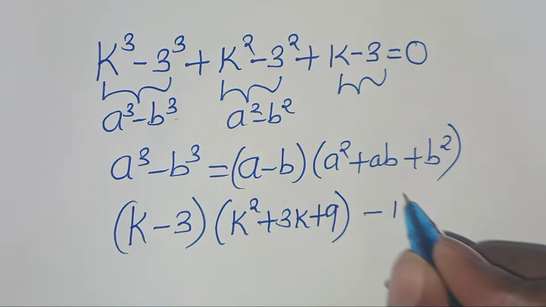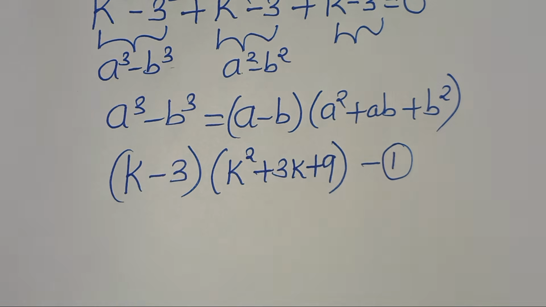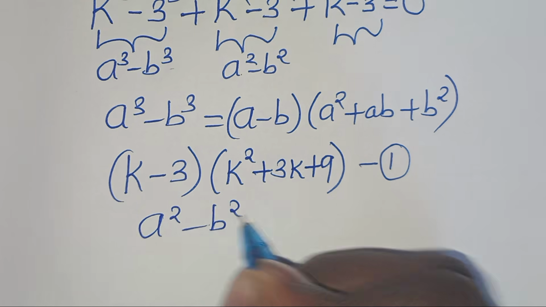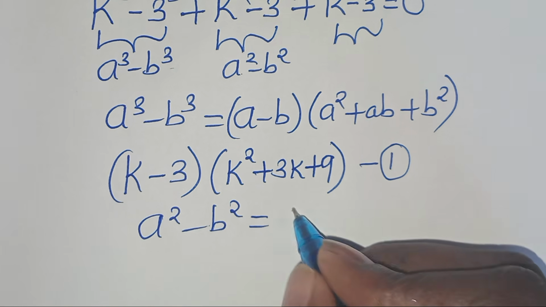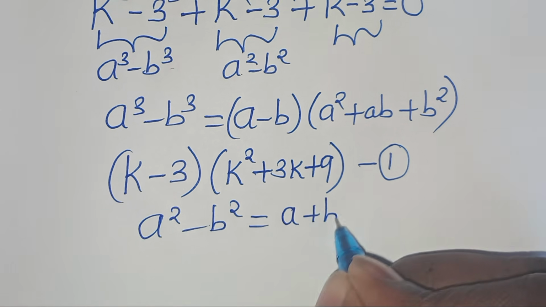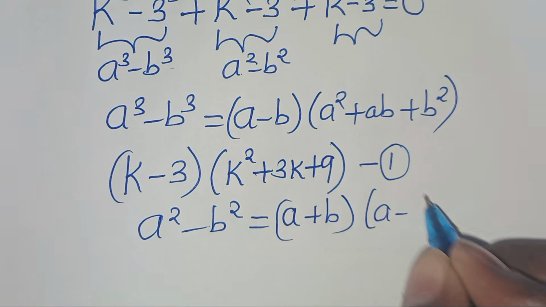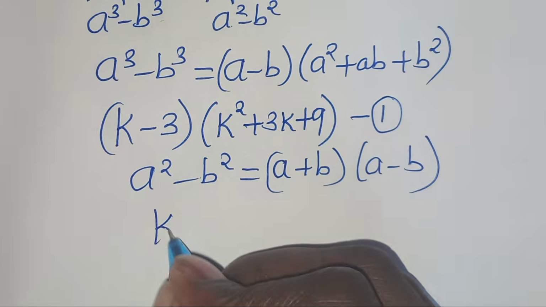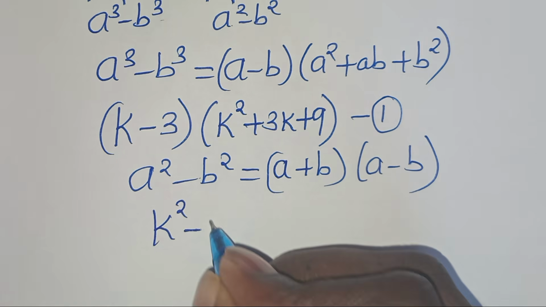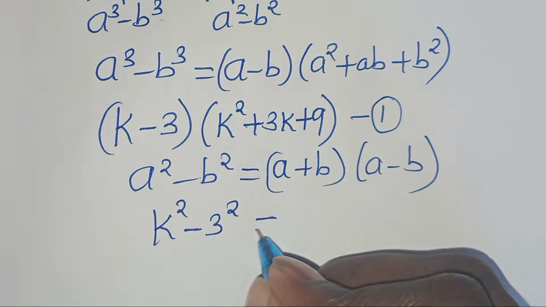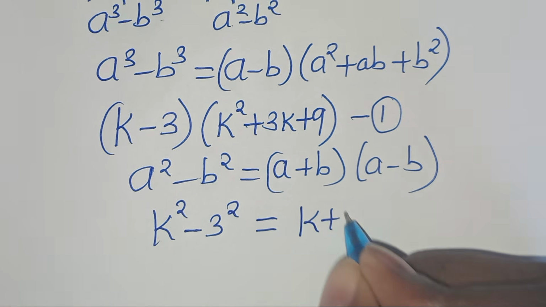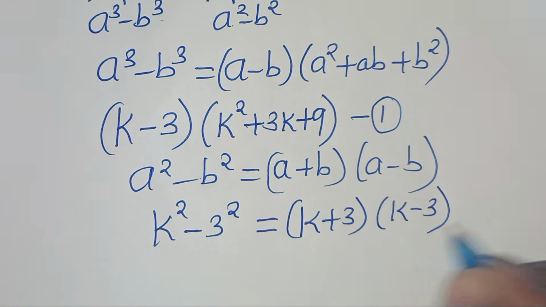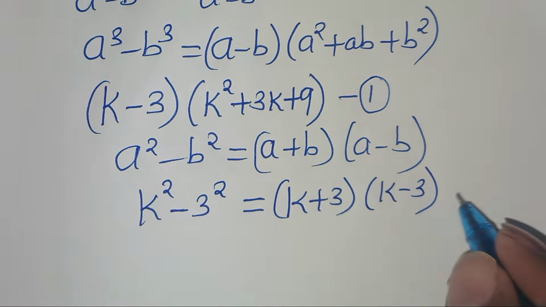Let's call this the first part. Now the second part is the difference of 2 perfect squares expressed as a squared minus b squared. This is the same thing as a plus b multiplied by a subtract b. So this means that k squared minus 3 squared is the same thing as k plus 3 multiplied by k subtract 3. So this is the second part here.